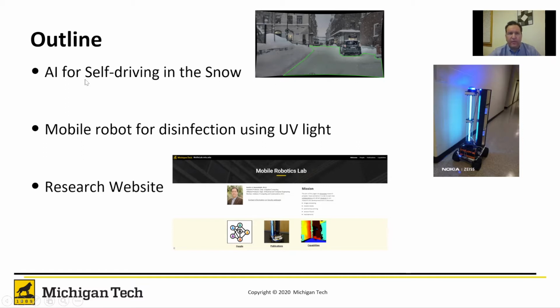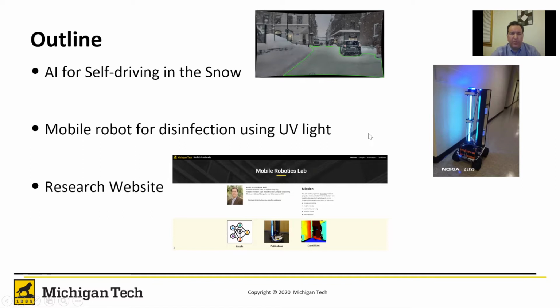The first thing I want to talk about is how to use artificial intelligence to detect the drivable path on a road that is covered with snow. I mean, humans can barely do that. If the snow is covering the road, it's difficult to find the road, right? But I'm going to show that artificial intelligence can do that and can help a human driver.